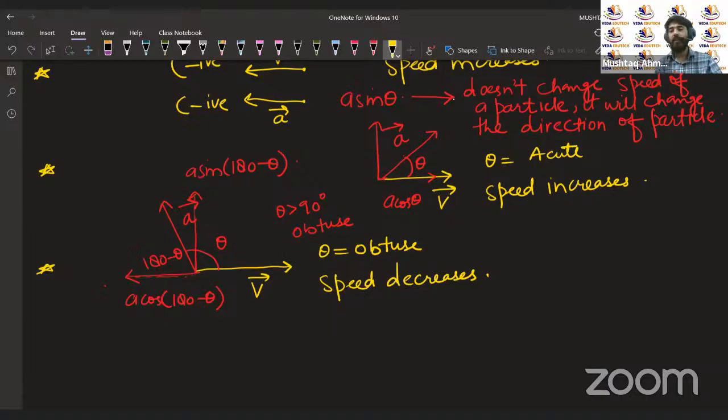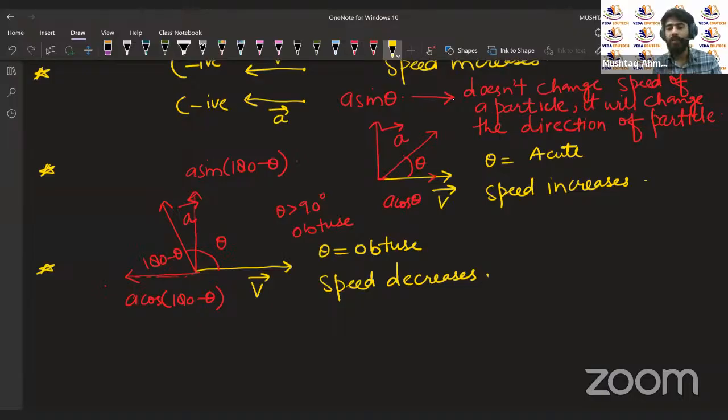So acceleration increases the speed of this particle only in two cases. One case is that acceleration should be parallel to the velocity, or if the acceleration is at an angle theta with respect to the velocity vector, then theta should be acute. It means theta should be greater than 0 degrees and less than 90 degrees, right?